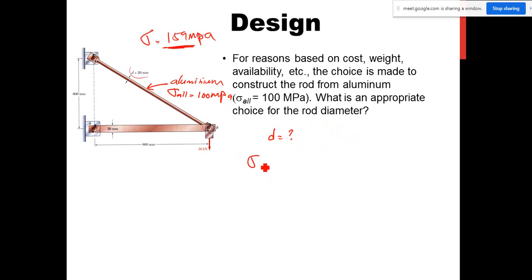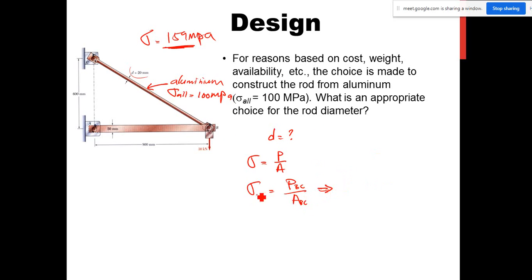Okay, so we have sigma equal to P over A. So sigma allowable is equal to PBC over ABC.